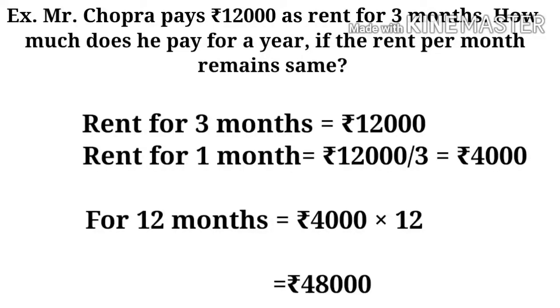So we will get rupees 4,000. For 1 month rent is equal to 4,000, so for 12 months rent is equal to 4,000 multiplied by 12. So the answer is rupees 48,000. It means for a year, or for 12 months, Mr. Chopra has to pay rupees 48,000.